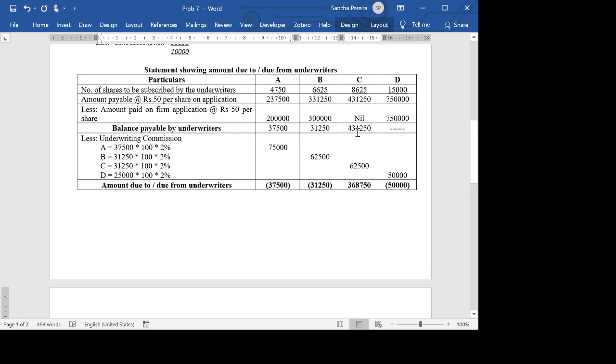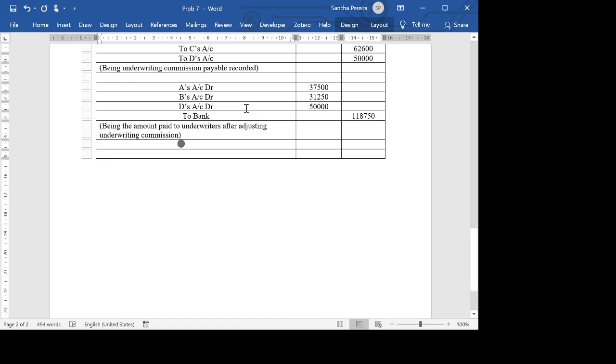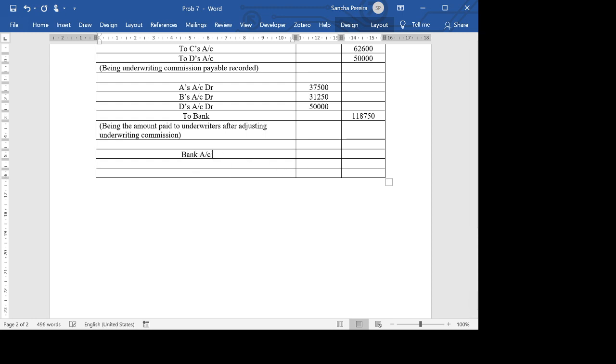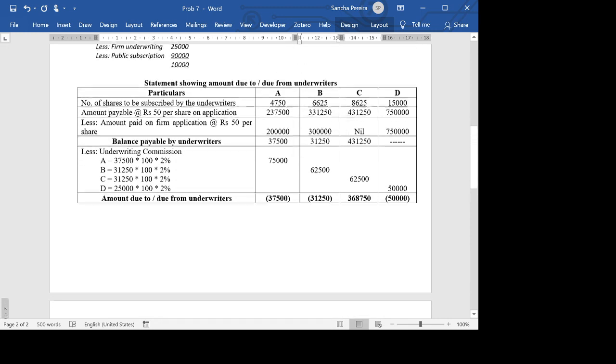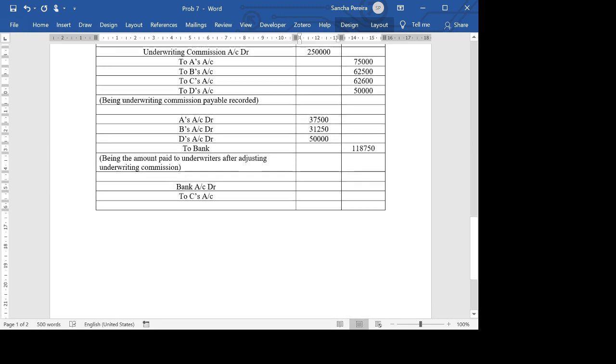And in case of C, C has to pay the company. The company is receiving money from C. So the entry will just be the opposite. It will be bank account debit to C's account, because money is coming in from C. How much is coming in from C? Only C has to pay the company 3,68,750 after the adjustment.